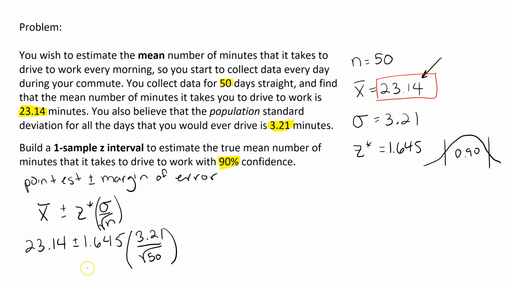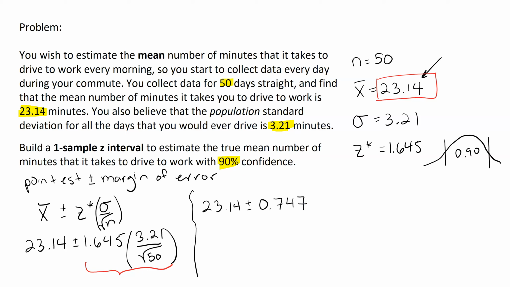I'll start off by first just calculating this margin of error right here and simplifying that. If we calculate that, we get 0.747. So now we're at 23.14 as our point estimate, plus or minus our margin of error of 0.747.